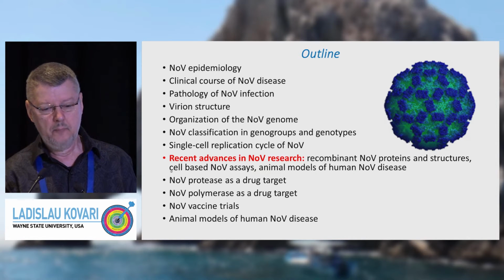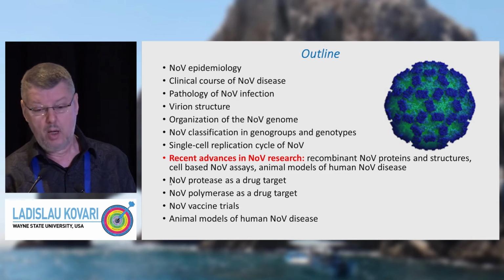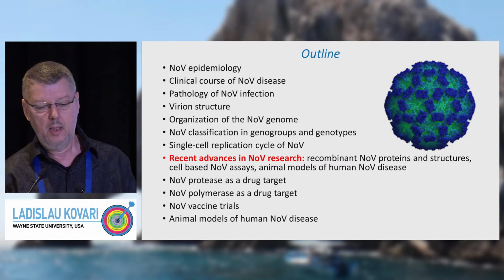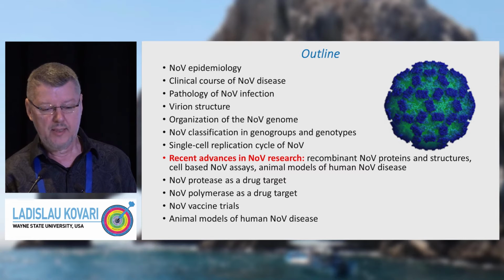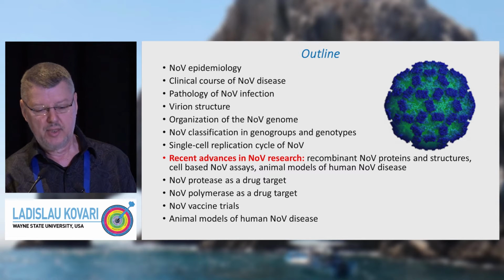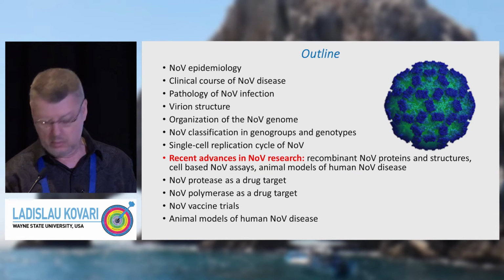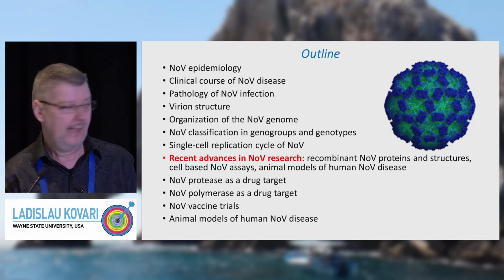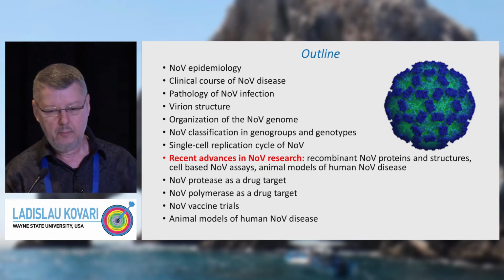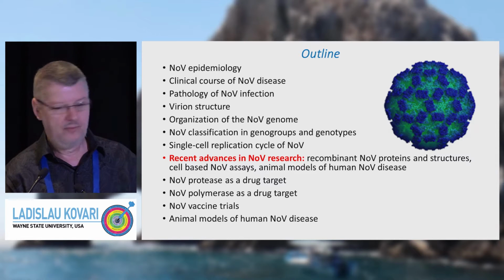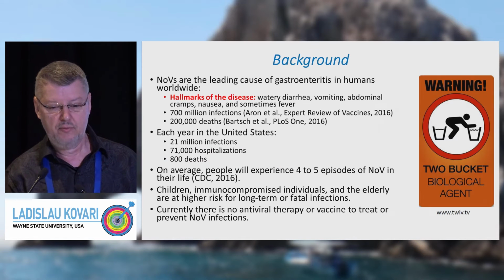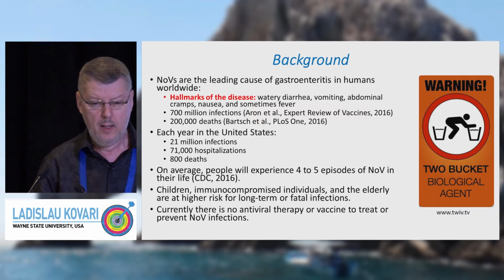Then we'll focus our attention on the two drug targets, the protease and the polymerase. Very briefly, we'll discuss clinical trials, and we'll conclude with animal models. I'm going to do my best to cover a wide range of topics over 20 minutes.